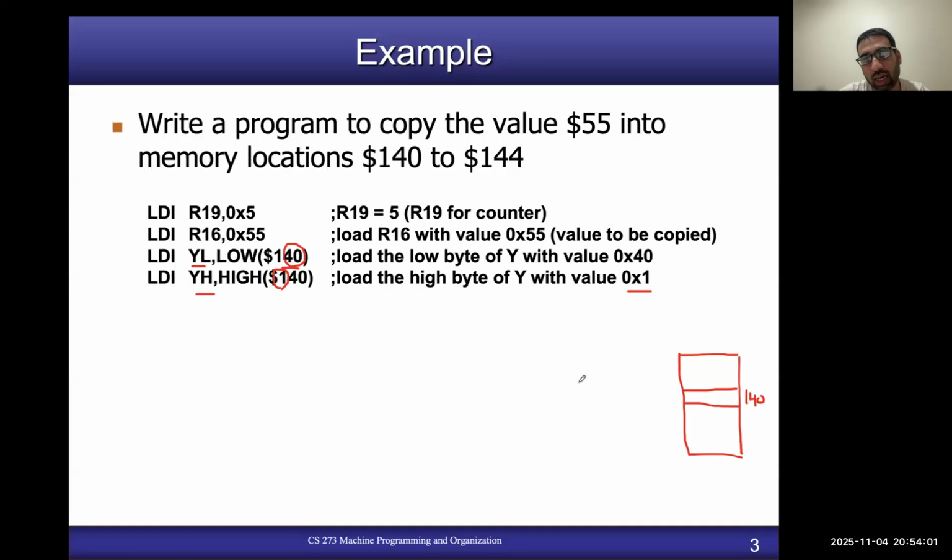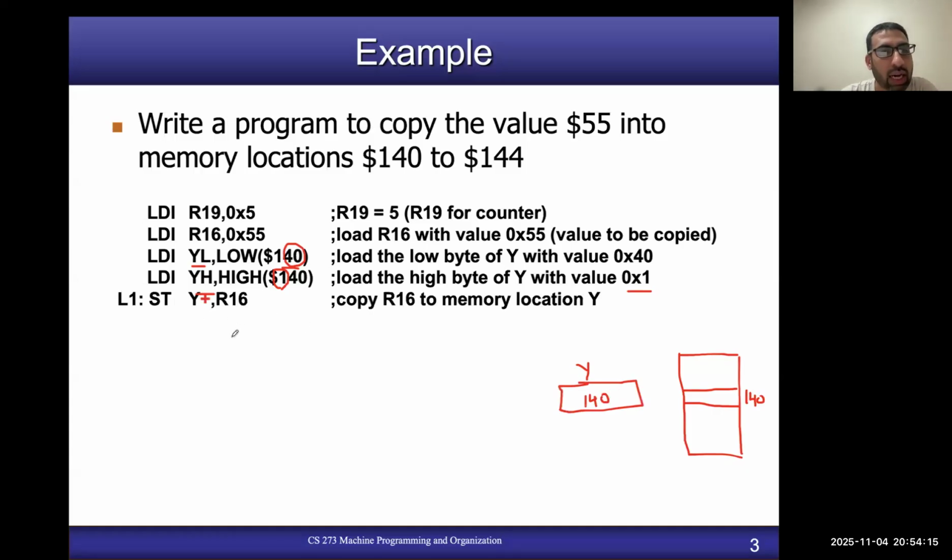So in the Y register we put the value of 140, right? And then we are saying, now take whatever value we have in R16, store it in the memory at the address pointed by Y, and then increment Y, right?